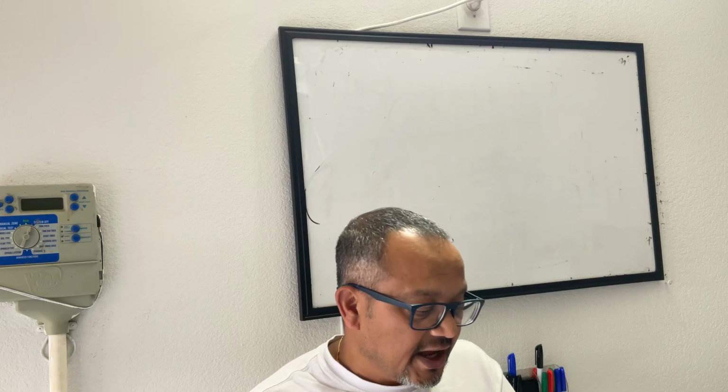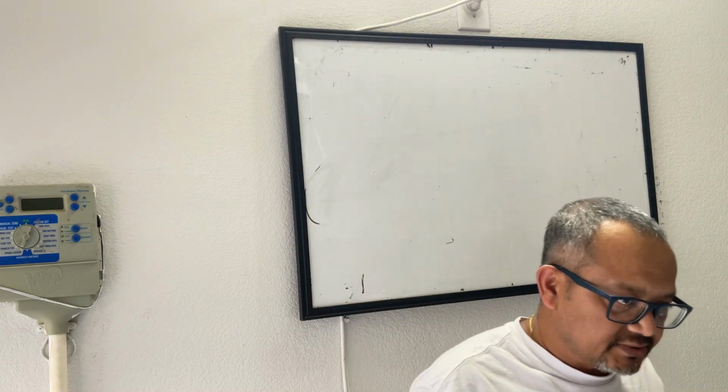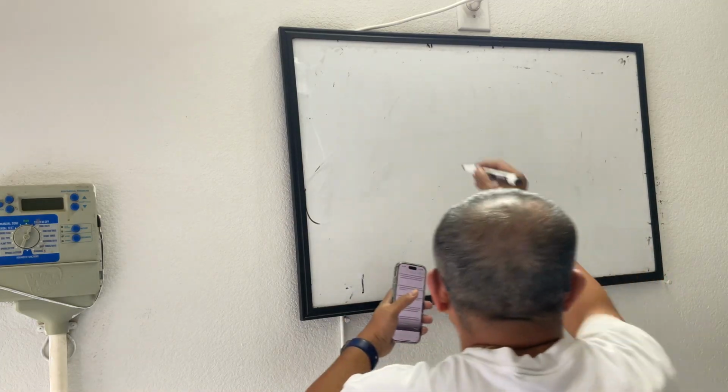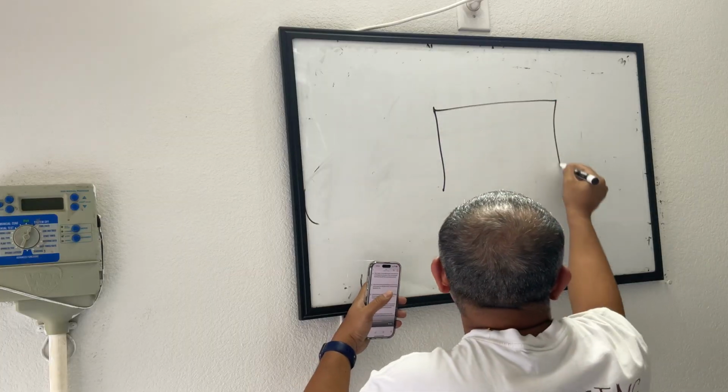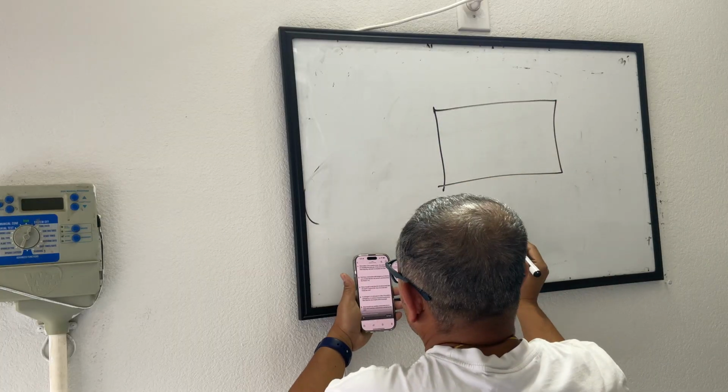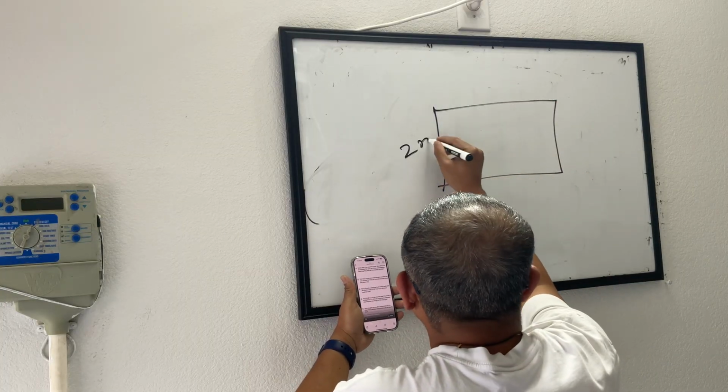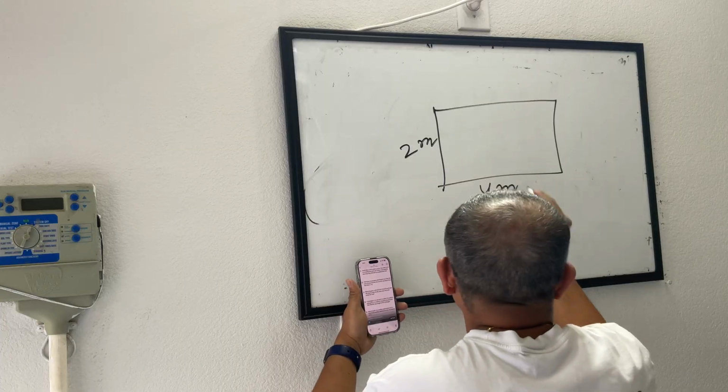Okay. A rectangle is 2 meters tall and 4 meters wide. Let me draw it also so that it looks a little more intuitive. 2 meters tall and 4 meters wide.